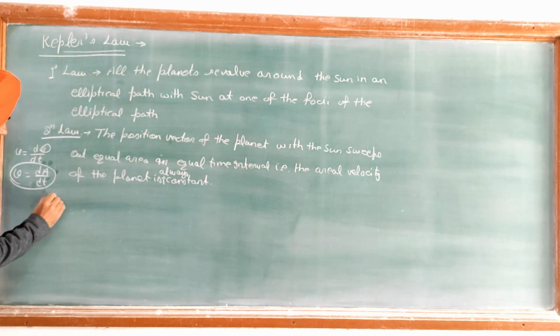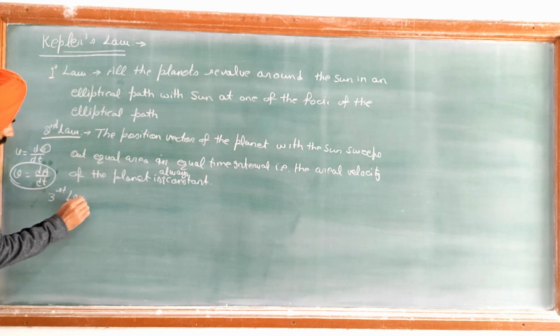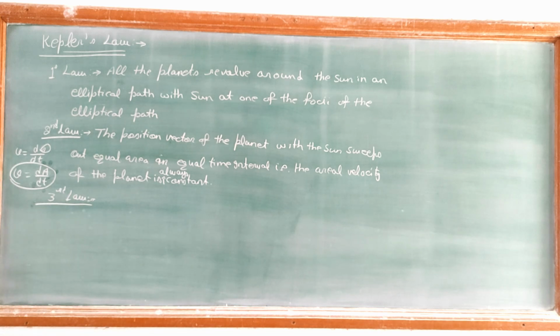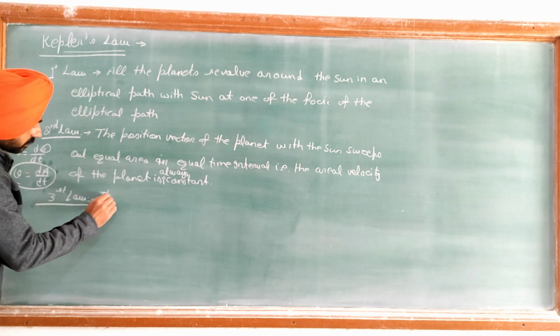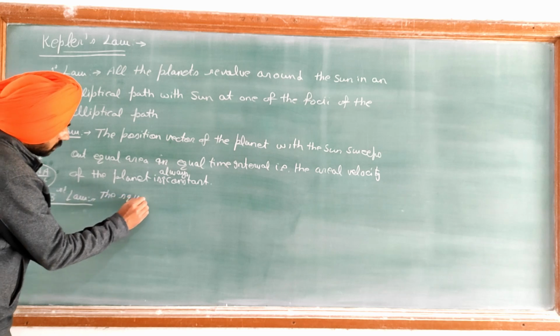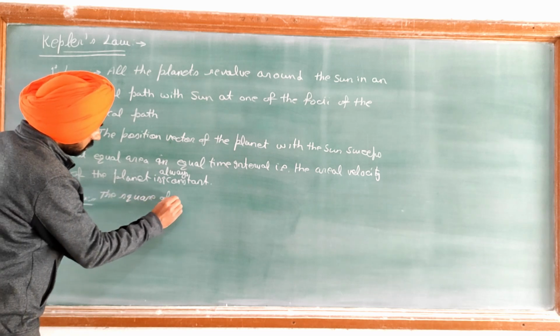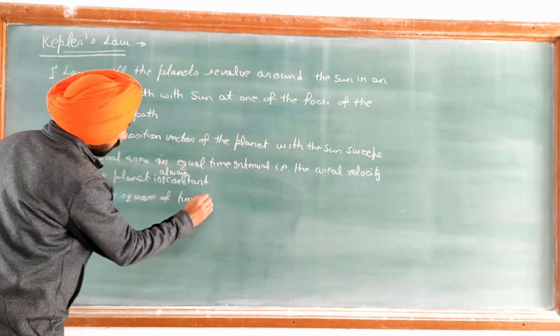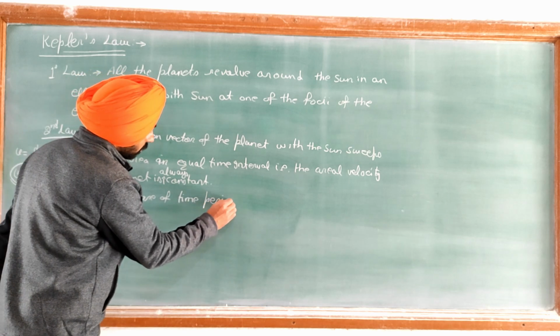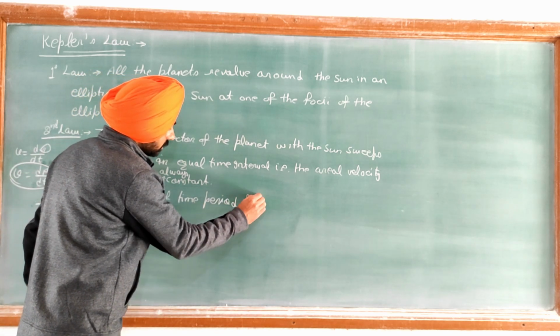And the third law is: the square of the time period of the planet.